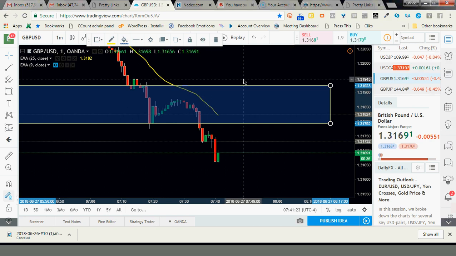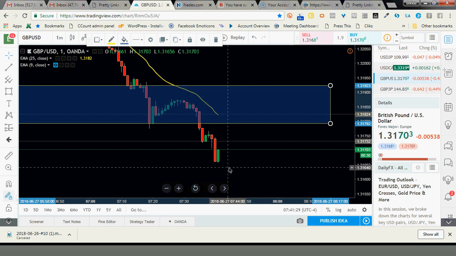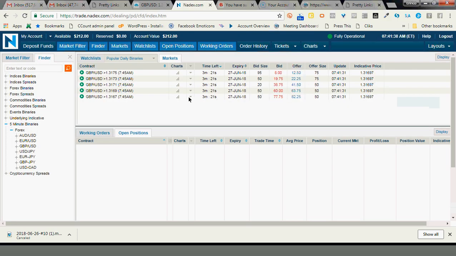Let's see. There must have been some bulls coming. Here we go. Looks like we got some bulls coming into the market, showing some strength at 31.66. Down here, that's a price, 31.67.